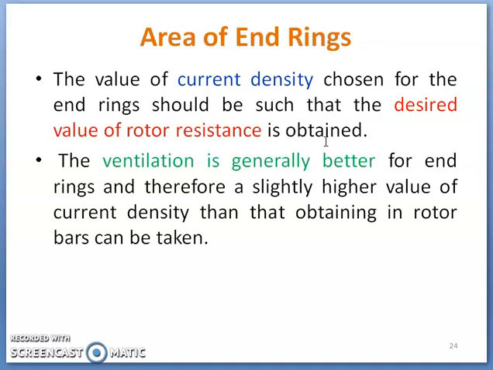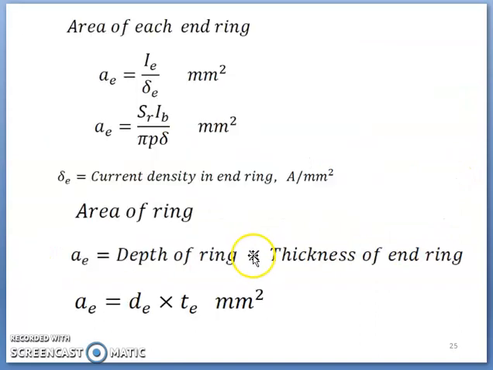Hence, whatever value of current density is chosen should give the desired value of rotor resistance in the rotor circuit. And while choosing current density for the end ring, as end rings are better ventilated compared to bars, a higher value of current density can be chosen in end rings compared to rotor bars.